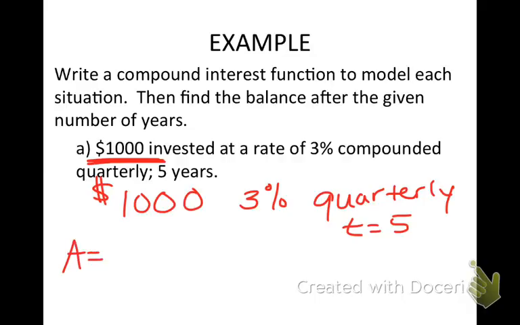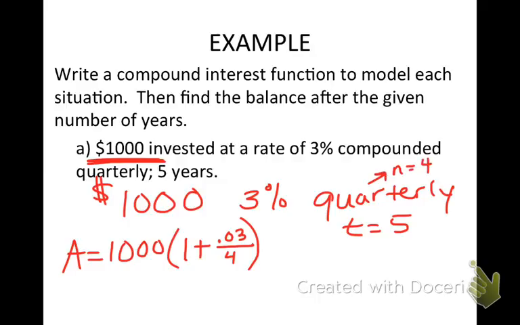A is equal to 1,000 times 1 plus my rate as a decimal, 0.03, divided by n. Because it says quarterly, that makes your n equal 4. It depends on what it says.